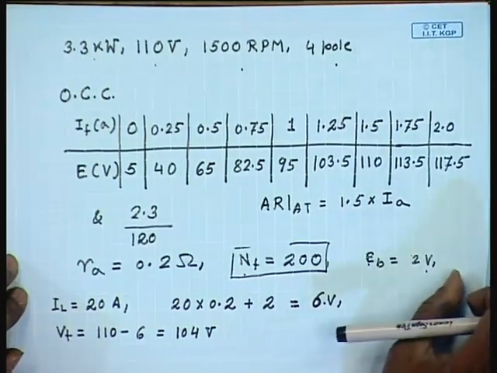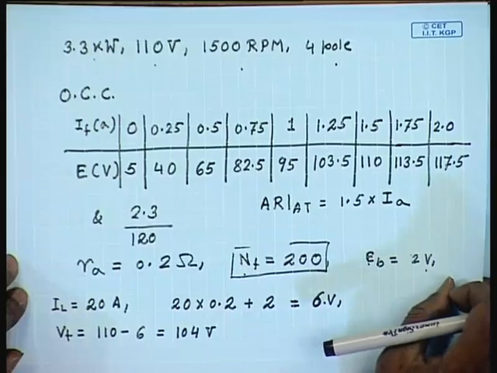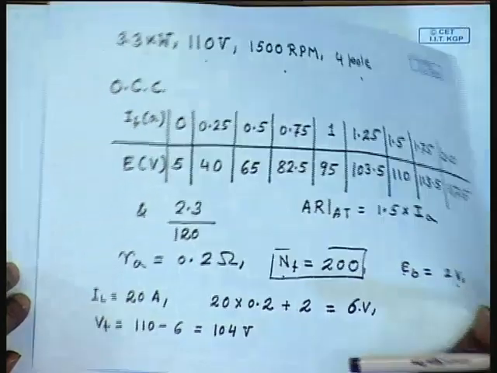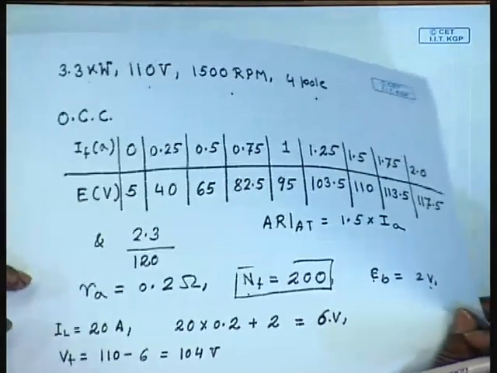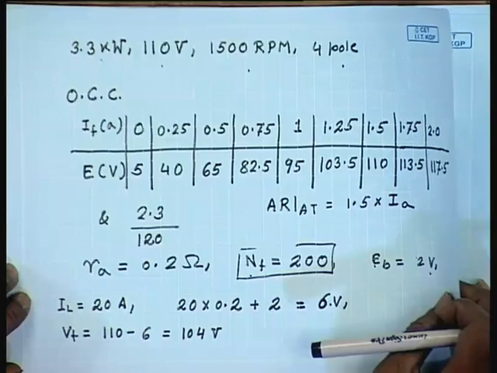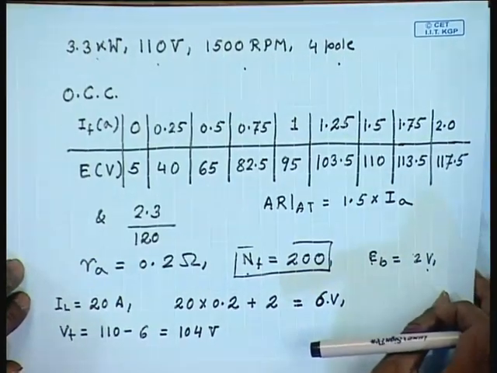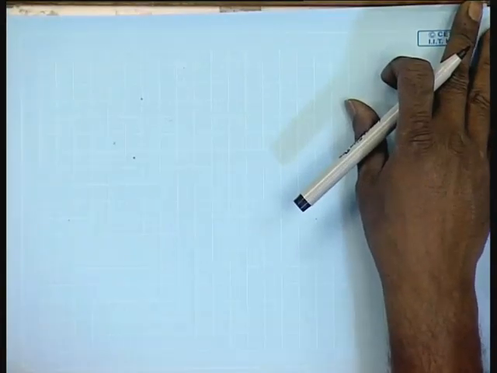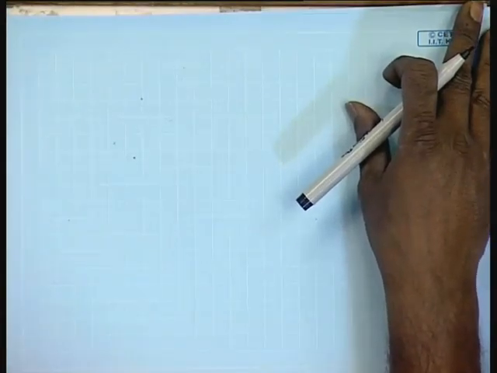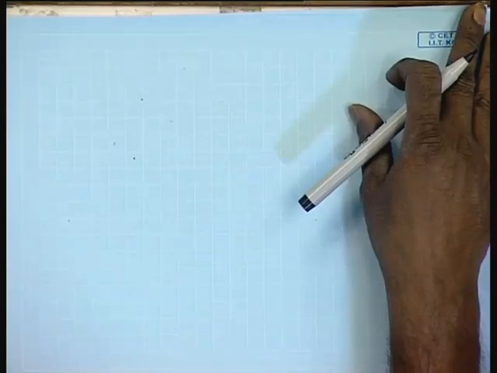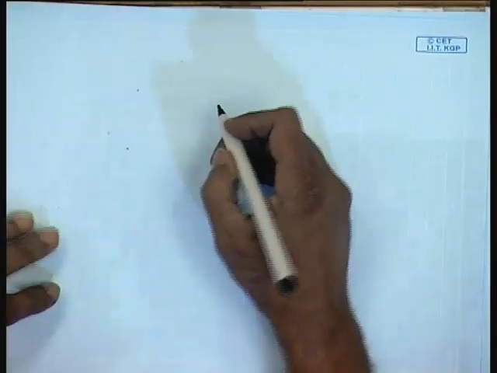If this machine is operated as a shunt generator, let us try to find out the terminal voltage, first by neglecting armature reaction and next time including armature reaction. The first step in solving this problem would be to draw the OCC of the generator.